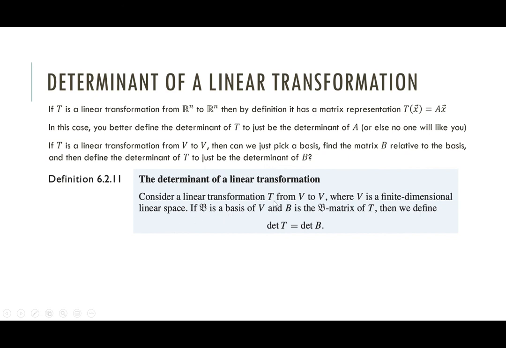So suppose you have a linear transformation from some abstract vector space to some abstract vector space, where it's finite dimensional. Then, if this is a basis of your abstract vector space, and B is the matrix of the transformation, we're going to define the determinant of the linear transformation to be the determinant of the matrix B that you get.